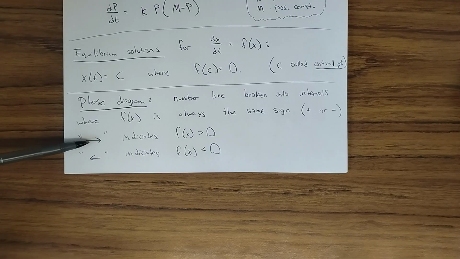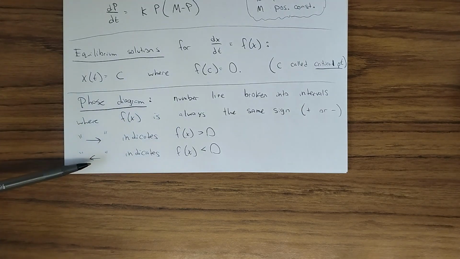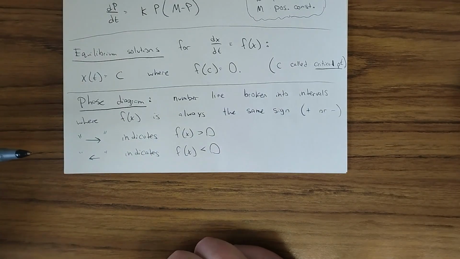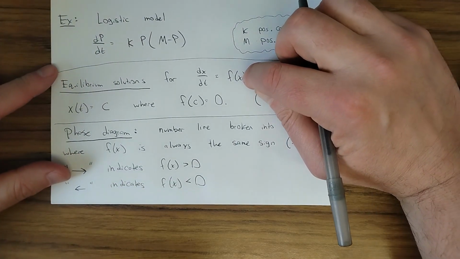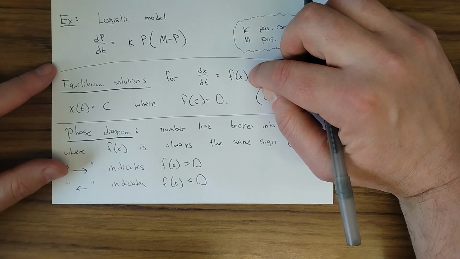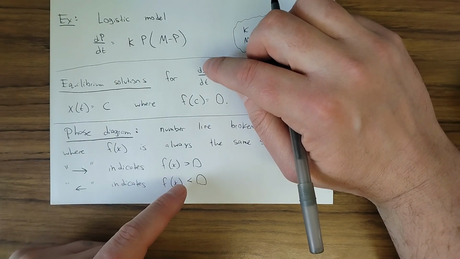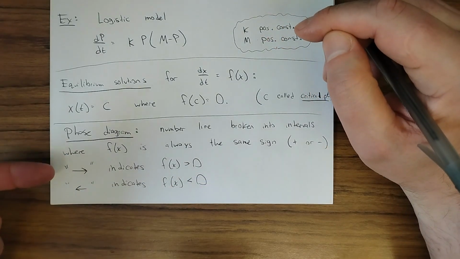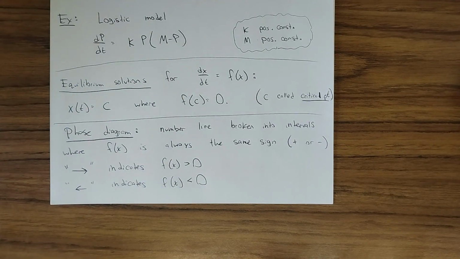We put an arrow pointing to the right, and that indicates that f is positive, and an arrow to the left indicates that f is negative. Why is that? On a number line, right is the increasing direction, left is the decreasing direction, and that perfectly corresponds to what the differential equation is telling us. If f is positive, then x should be increasing, because that means the derivative of x is positive. That means increasing, so we draw an arrow to the right, increasing, and vice versa for the left.